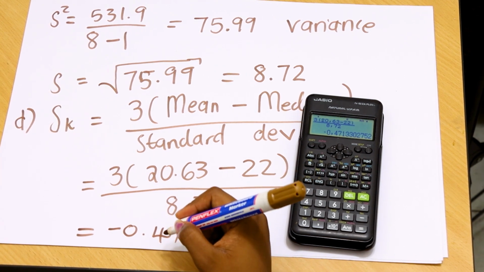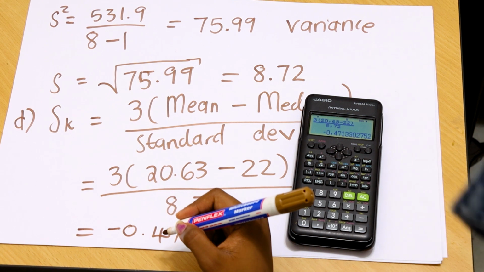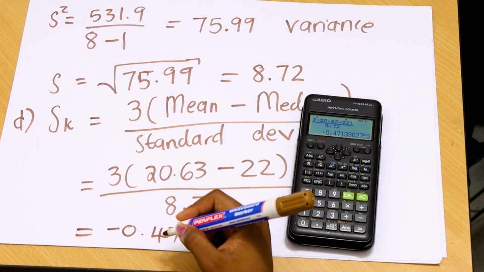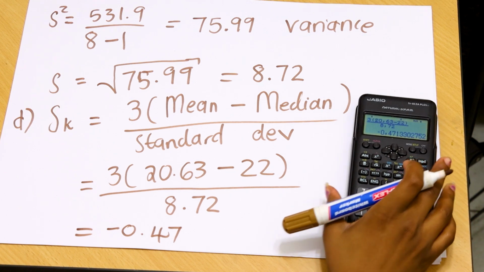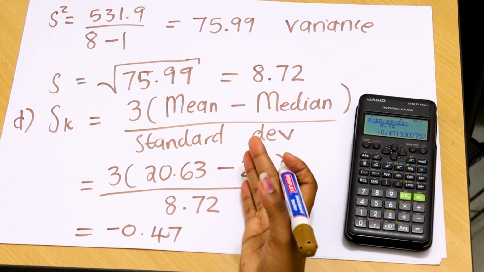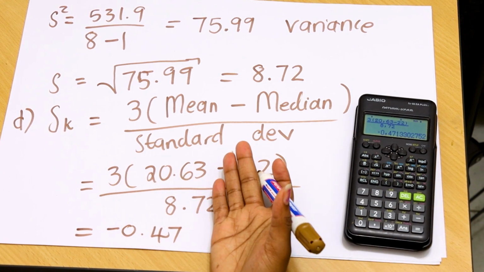In any case, you know that it's negatively skewed or skewed to the left because the mean is less than the median. So you could still tell that it's negatively skewed without even calculating this coefficient.